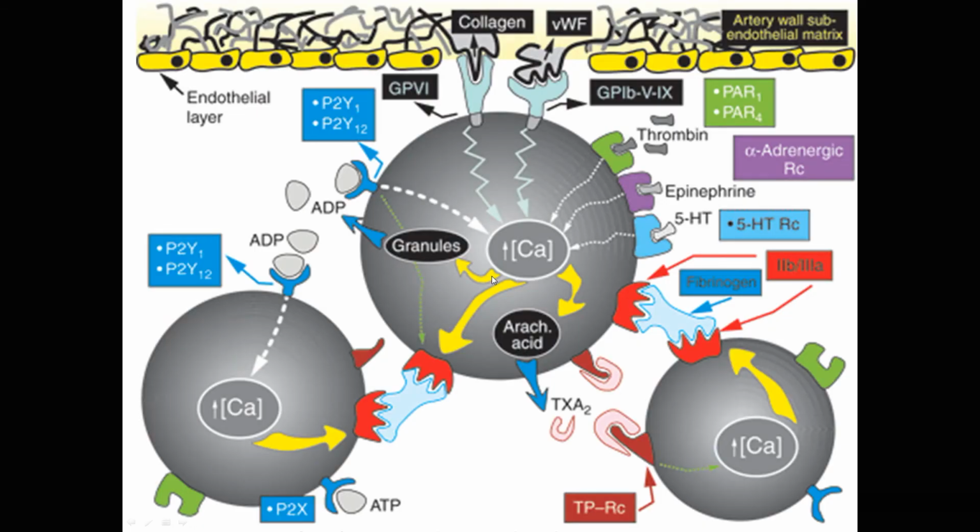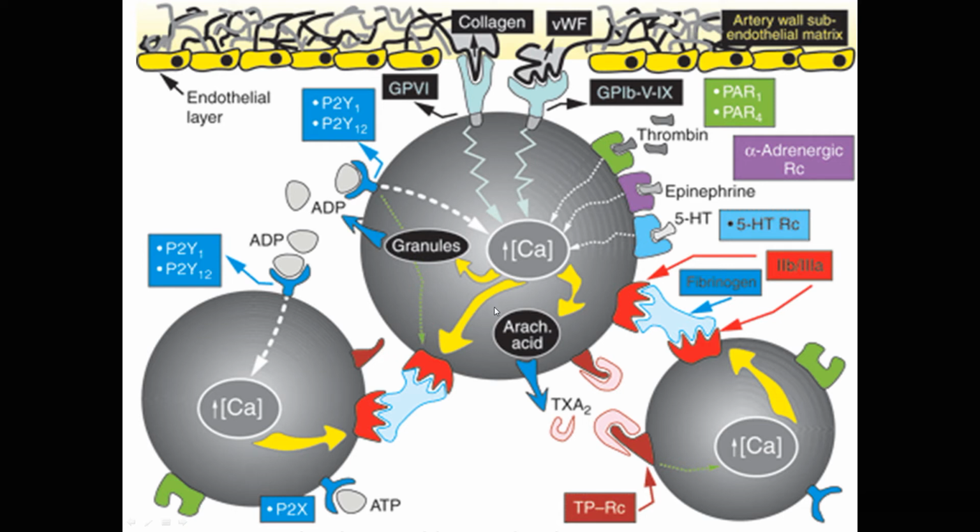This picture shows the binding of the receptors to the corresponding ligands, to the collagen, to the von Willebrand factor, and especially to fibrinogen. The complex 2b3a ensures the binding to the fibrinogen and thus the aggregation and the activation of the platelets.